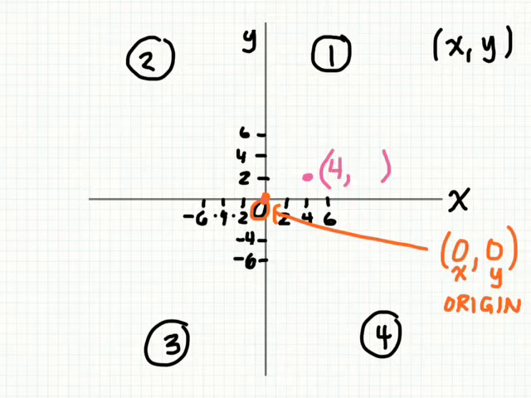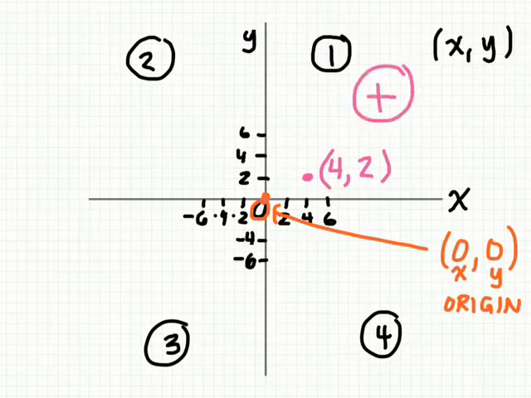And then what? 2 units up. So this point would be labeled as 4, 2. And they're both positive, right? Because we're moving to the right and up. So anything in this quadrant will be positive and positive.